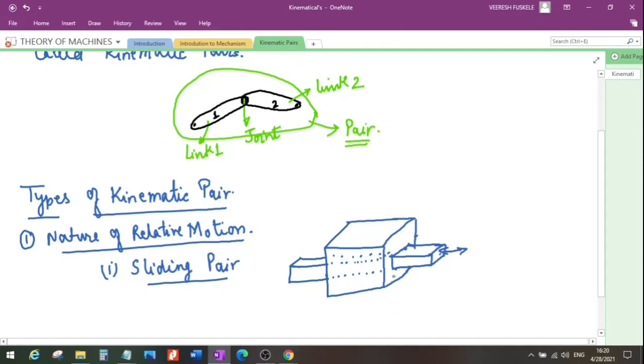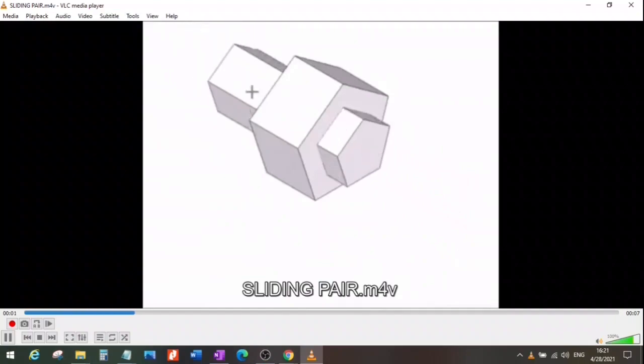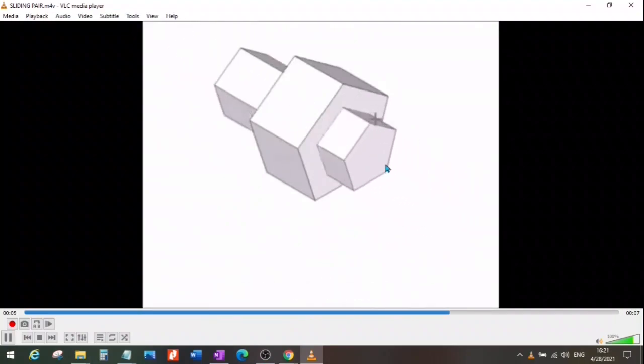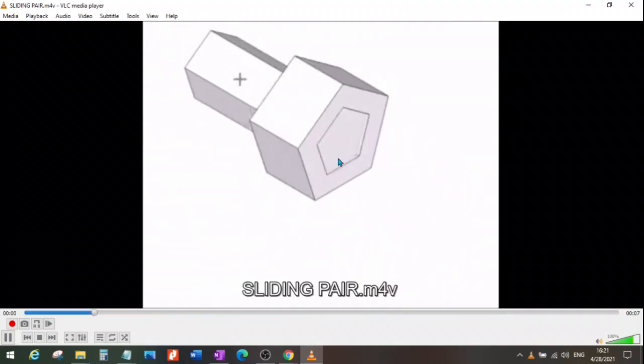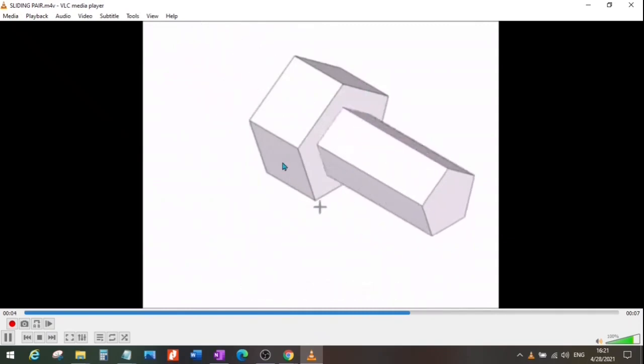It can only have the sliding motion. So this type of pair is basically known as a sliding pair, in which one of the links will be having sliding motion relative to the other. Let me demonstrate this by this video. So this is the type of sliding pair, in which you can see this is the pentagonal slide, which is sliding inside the pentagonal hole of this prism, right?